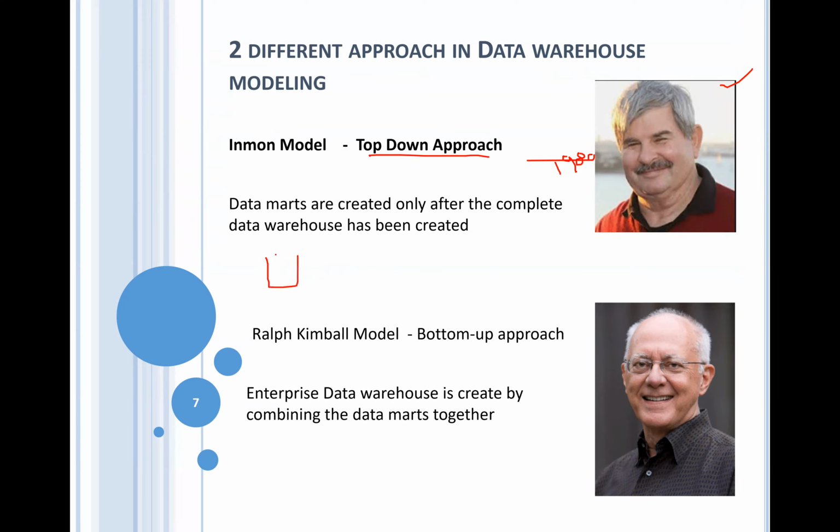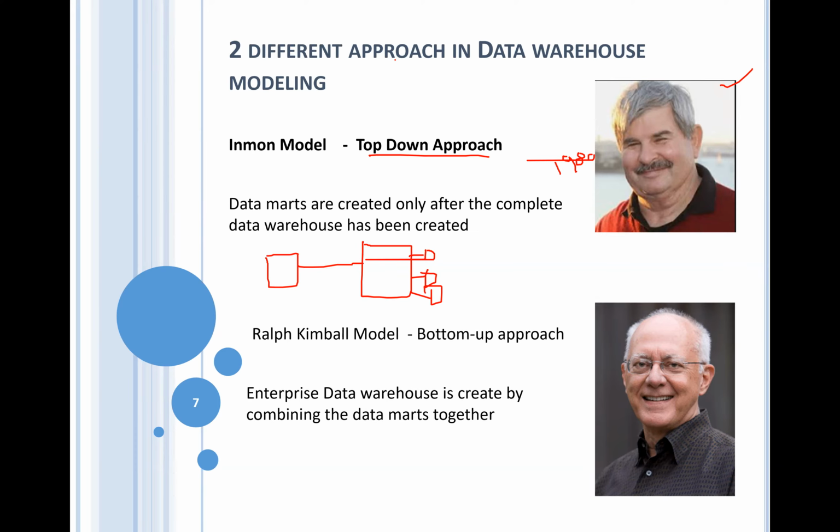For example, you have the transactional database here, and you move the data to the data warehouse here. First you create the data warehouse and load the data. After that, you create the data mart.